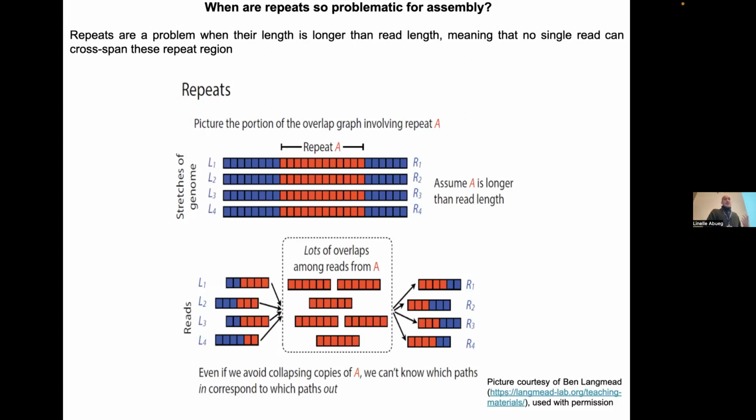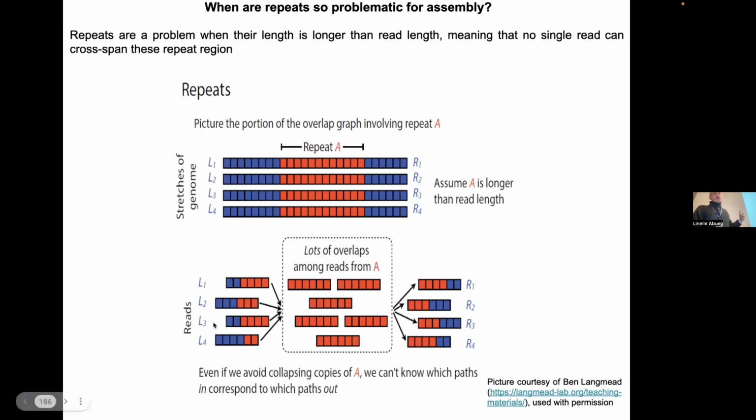This is what really happens in genome assembly, and this is why having long reads is really superior to short reads. Imagine this situation: we have 4 regions of the genome, L1, L2, L3, and L4, and the blue portions here are unique sequence, so something that is not identical. They can be easily distinguished. Then you have the red part here that is the repeat, the same sequence in all 4 regions.